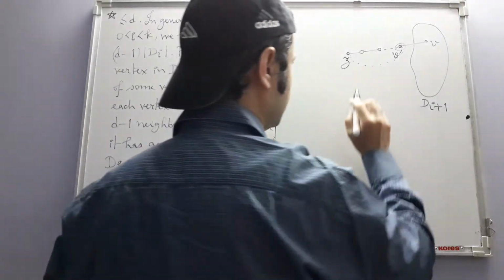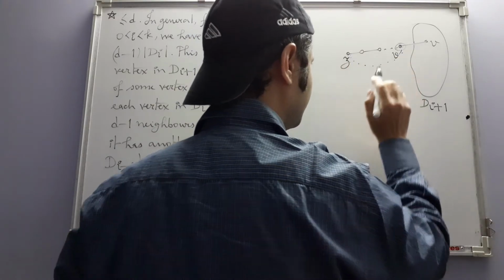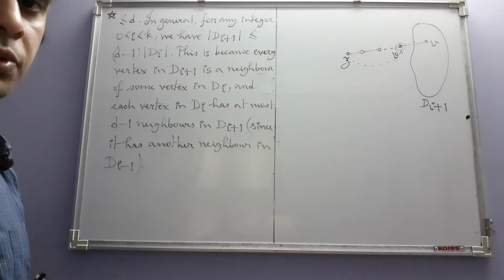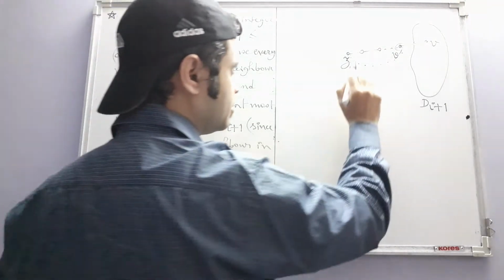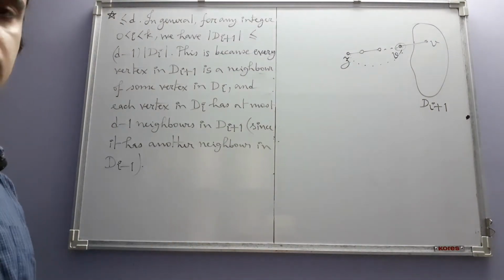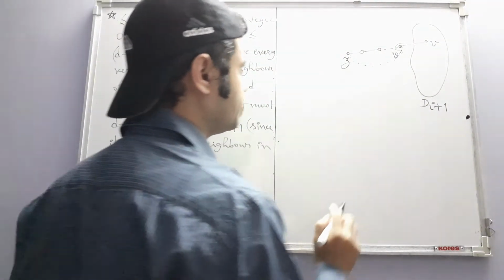So this path which joins Z and v prime is a least path, and as such its length must be the distance between Z and v prime in our graph, which is i.